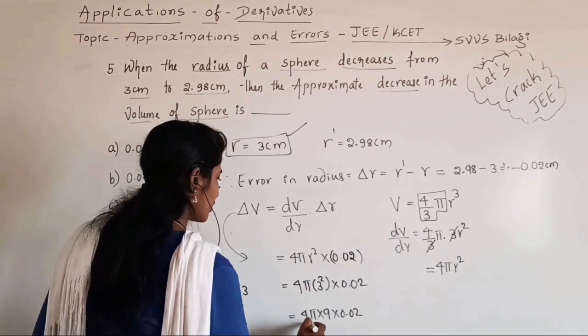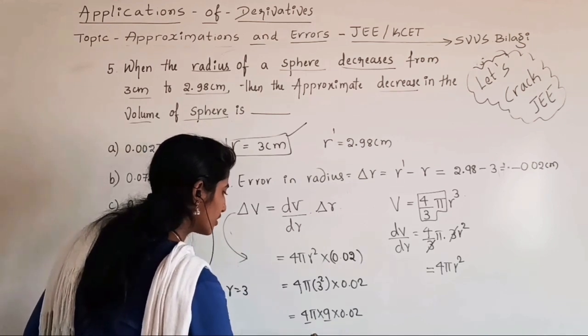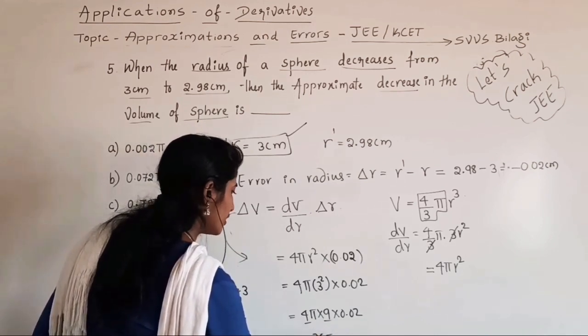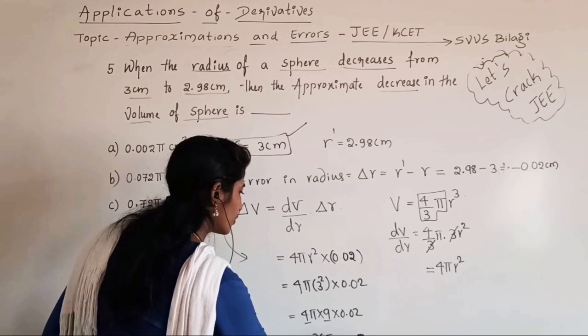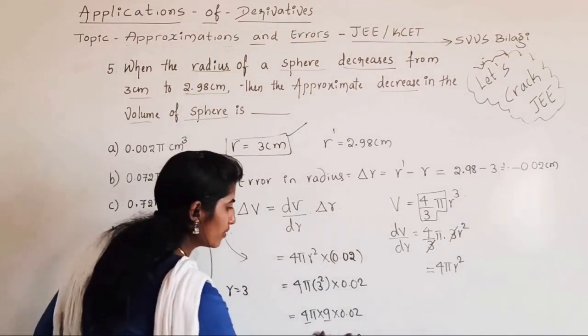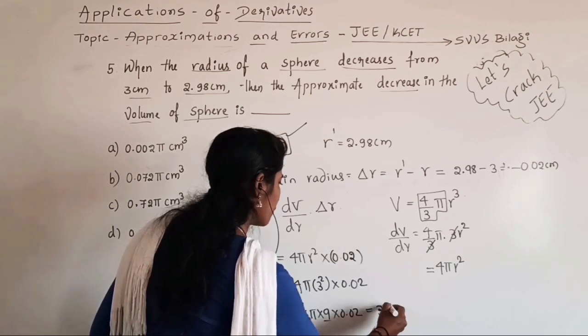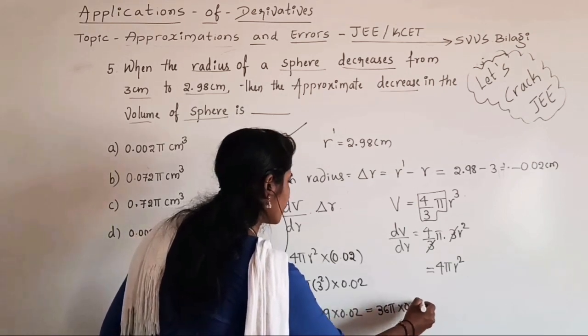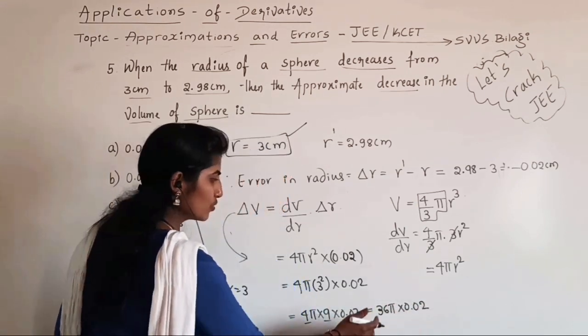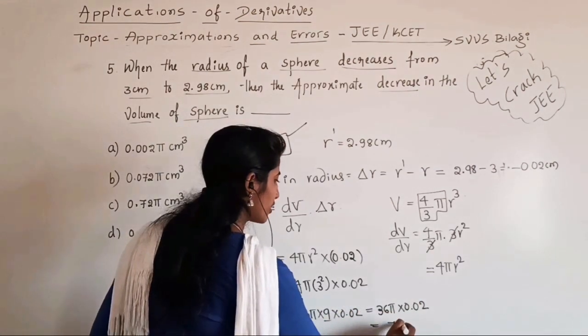So first I will do this. 4 nines are 36 pi into 0.02, that is equal to 36 into 2, that is 72.